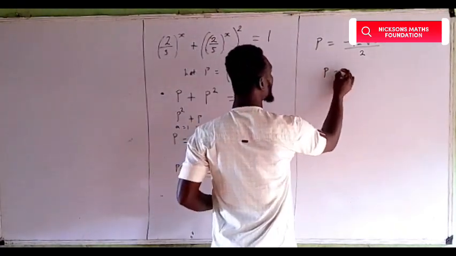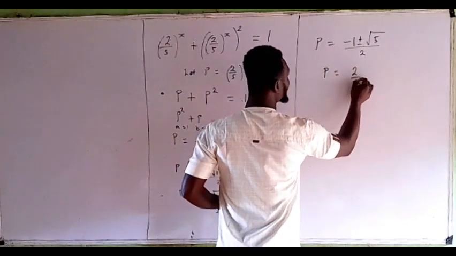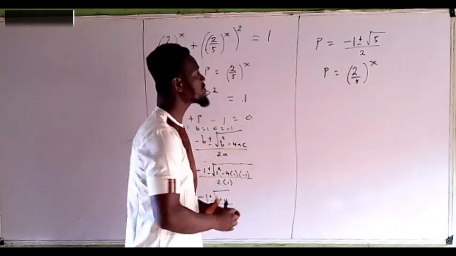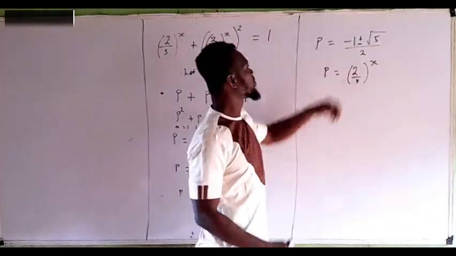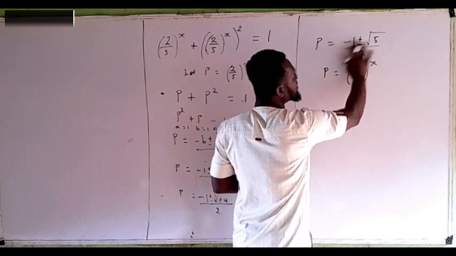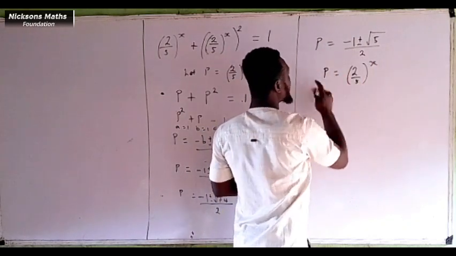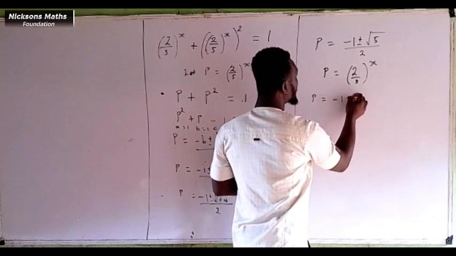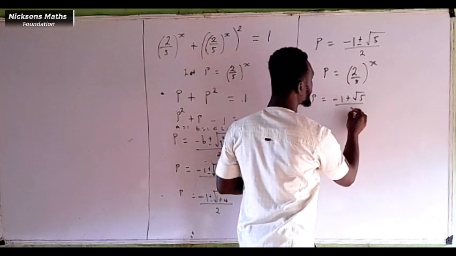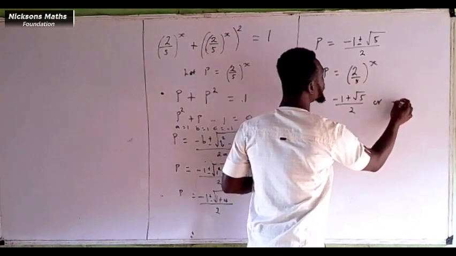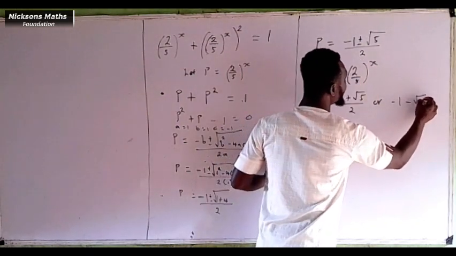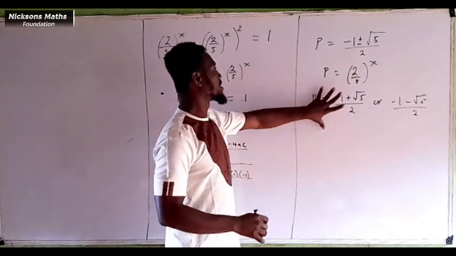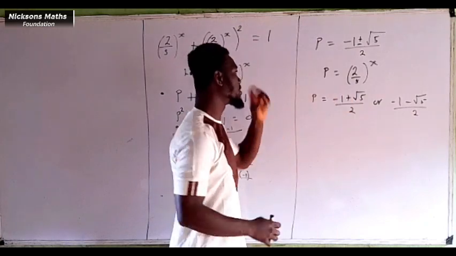Since we know that p is equal to 2 over 5 raised to power x, and p is this value, we already have that p is equal to minus 1 plus root 5 over 2, or p is equal to minus 1 minus root 5 over 2, two values of p. Okay.